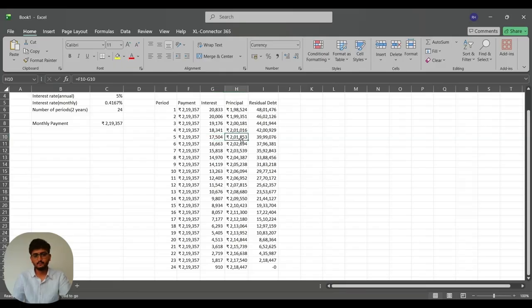We are deducting the interest from the EMI payment first. What principal are we paying?